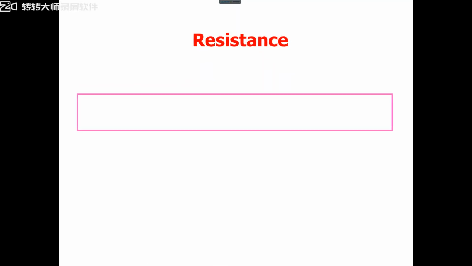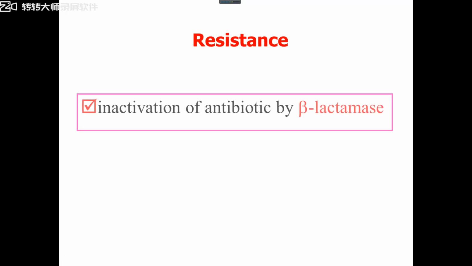But in clinic, you will find that after using penicillins or cephalosporins for several weeks, they become ineffective. We call this drug resistance. Beta-lactams have drug resistance because of inactivation of the antibiotic by beta-lactamase. That means beta-lactams are destroyed by this enzyme.